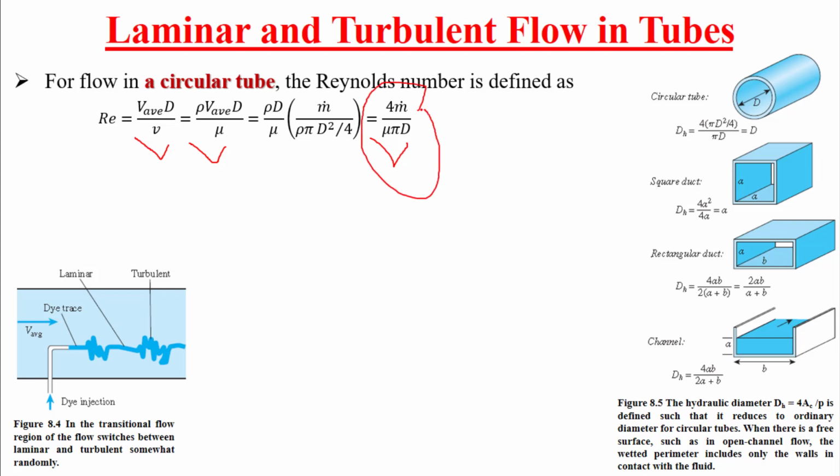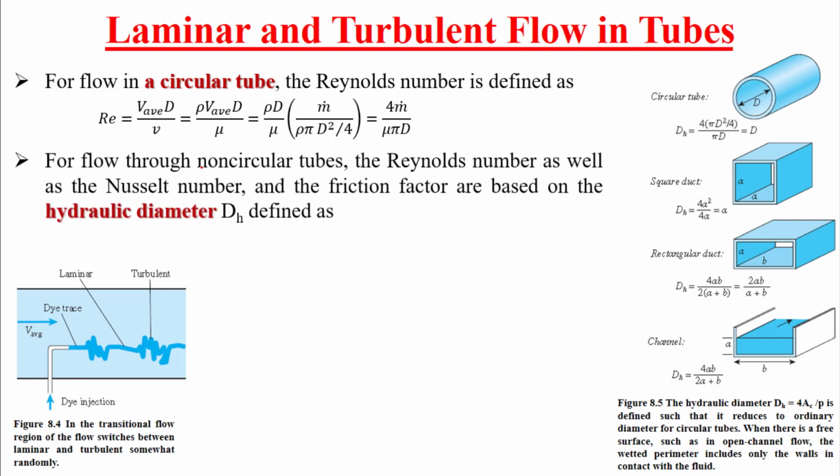Sometimes it gives you everything except density and viscosity, and you will have kinematic viscosity, so you'll use this one. Or sometimes V is missing and everything else is given, so you will use this one. So it depends on the given information in the problem. So this is for a circular tube.